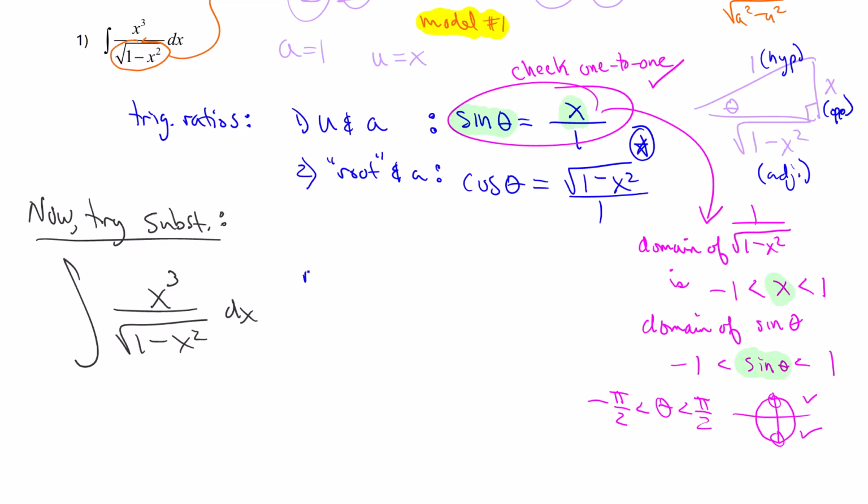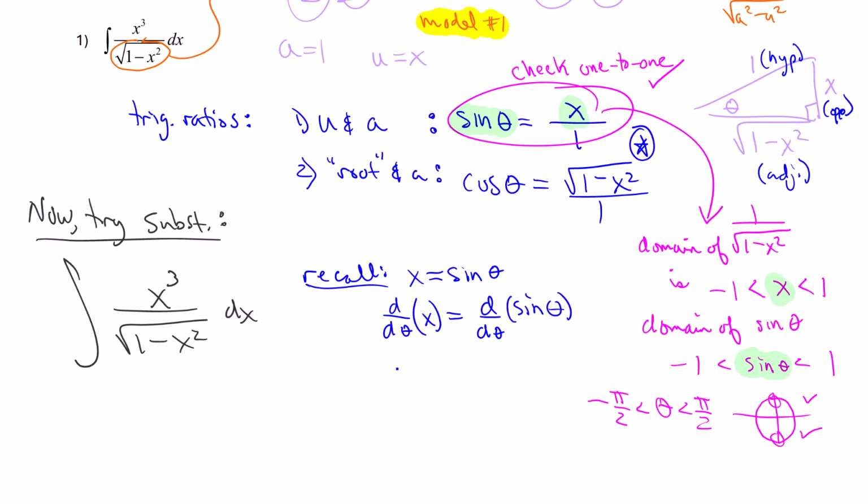So recall what we've already set up, which is that x equals sine theta. That was that first ratio we ended up with, x equals sine theta. And if that's the case, and I take the derivative with respect to theta of both sides, so I'll say d theta of x on the left side equals d theta, the derivative with respect to theta of the right side, which was a sine theta.